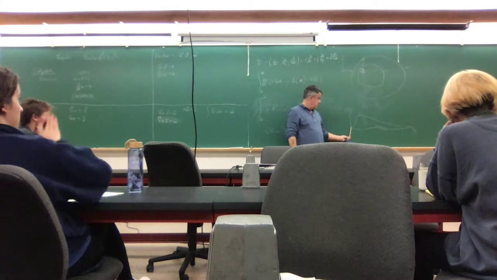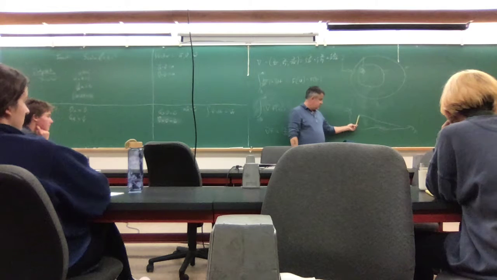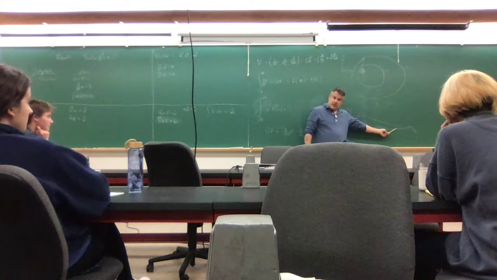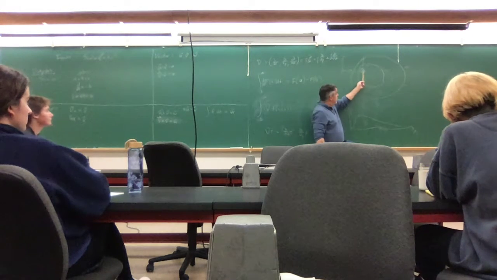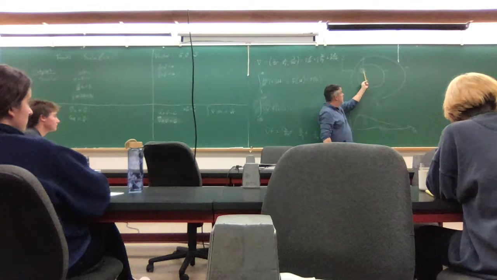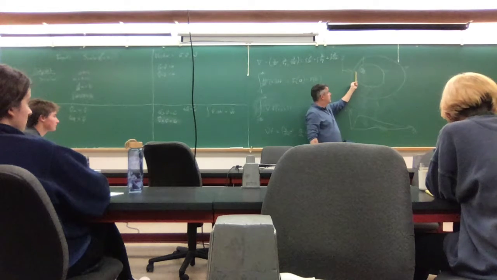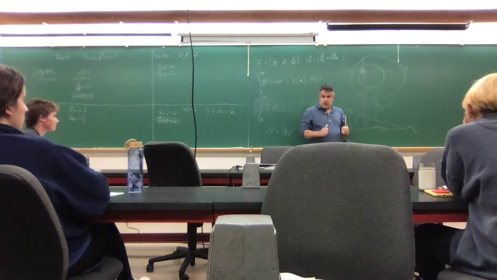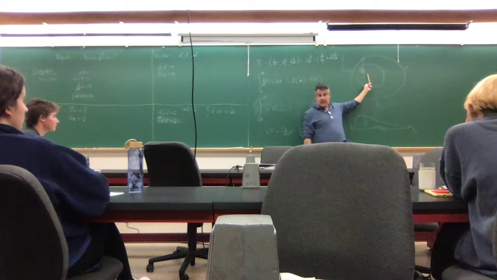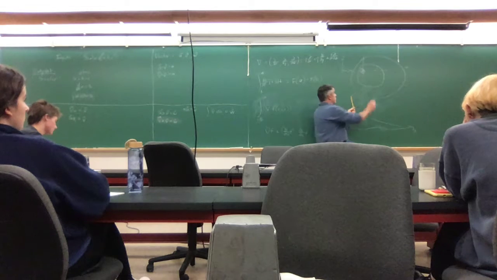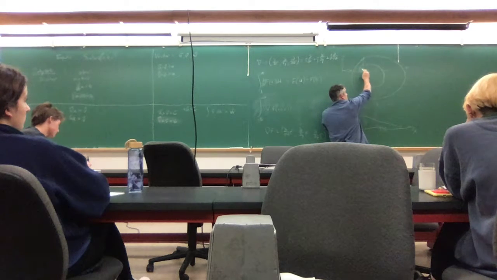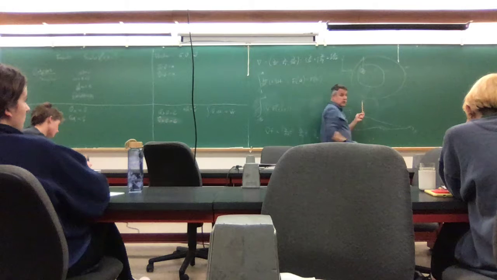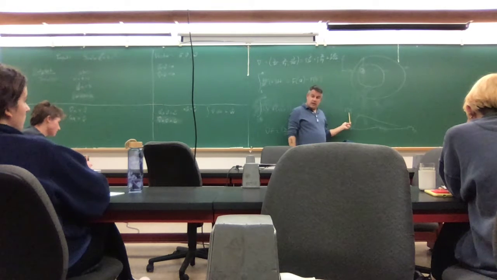Greatest when you have the steep change, and slower when you have the... So the closer the contours are together means I have the biggest change in f per unit distance in x. So the gradient is bigger here than it is there, or at least the d by dx component.